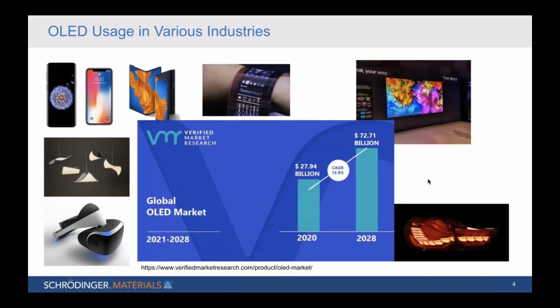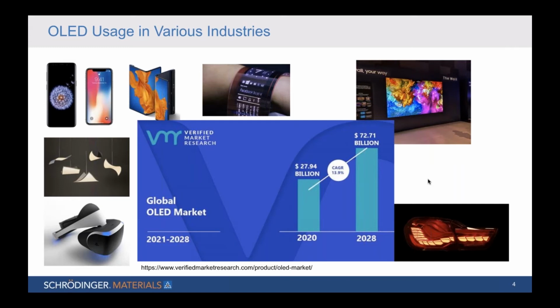So OLED, I think everyone here probably is well aware, is a fast-growing market, especially in the past year or two. It's been commonly used for smartphones, different lighting devices, fitness devices, not to mention TV, or in auto industry.